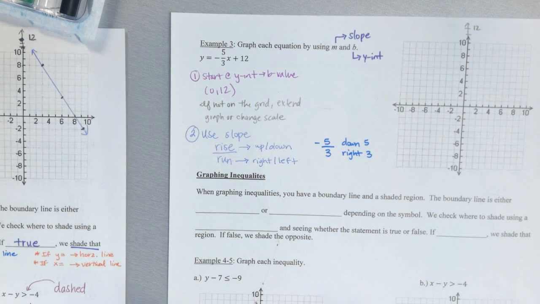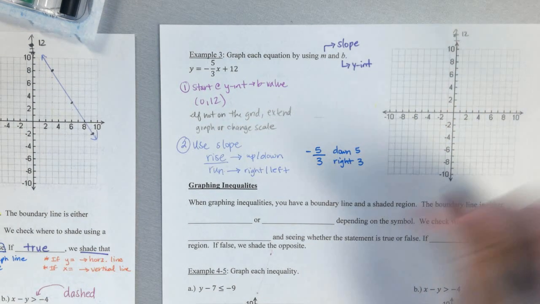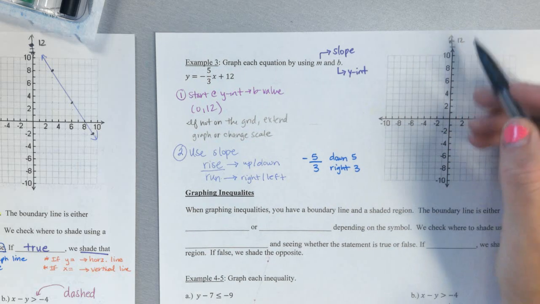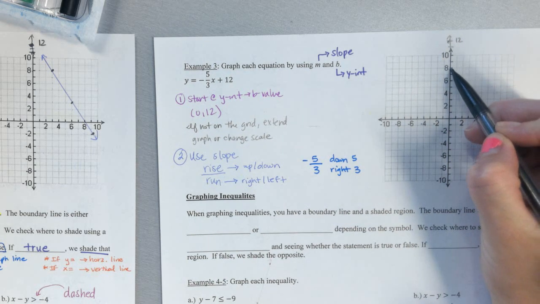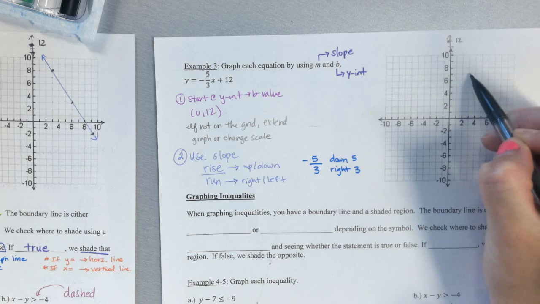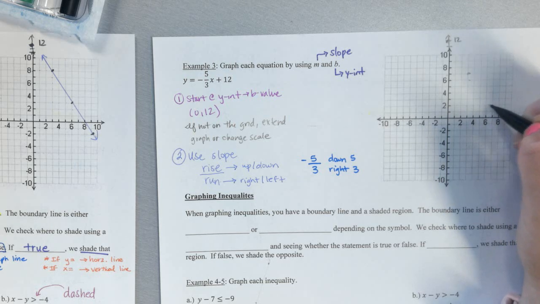Alright, so if we start from the 12, which we extended here, we can just start counting down. 1, 2, 3, 4, 5, 1, 2, 3. And then you just continue that pattern.